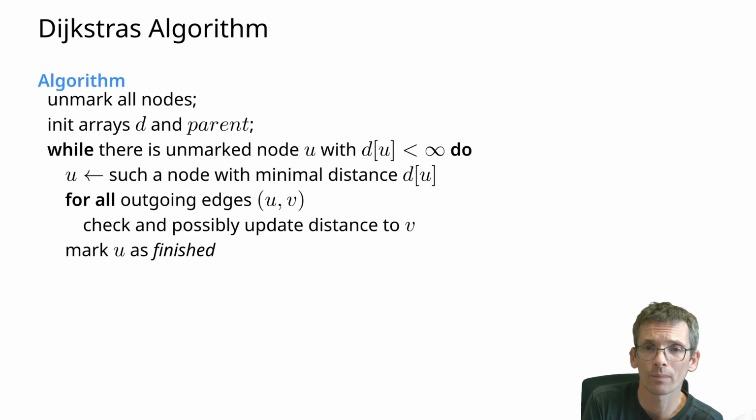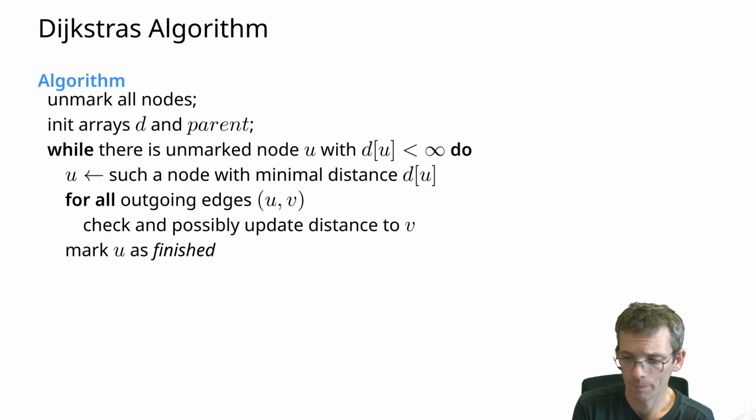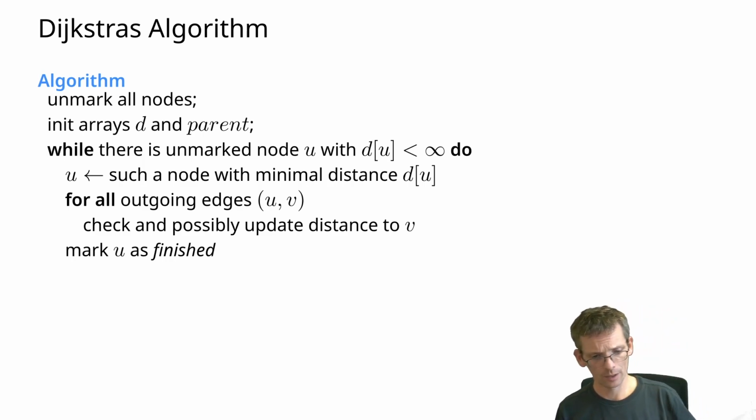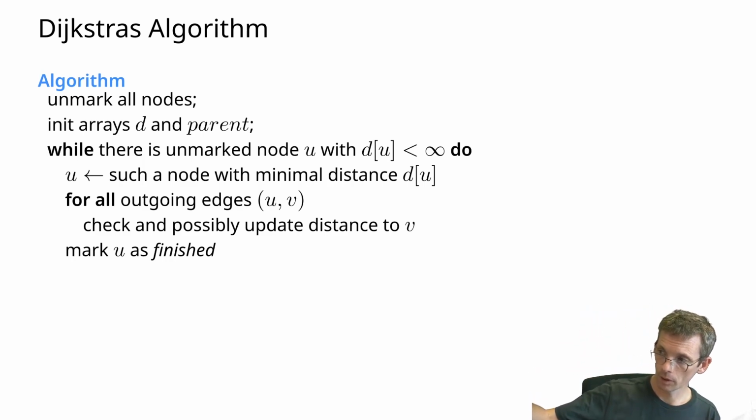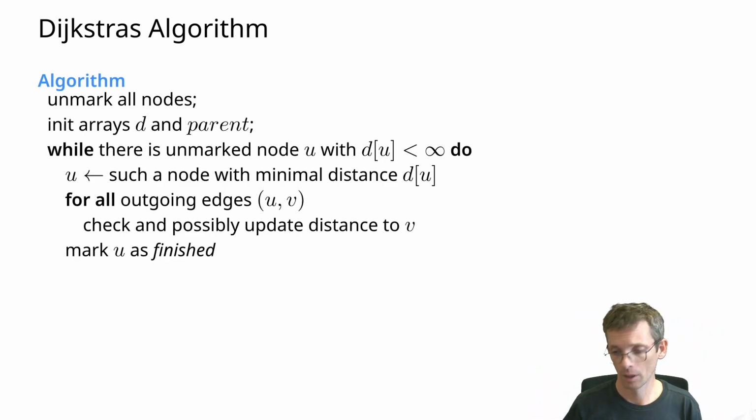So this is one version of the pseudocode for Dijkstra's algorithm. Let's go through it step by step. First, we unmark all nodes. We initialize the array D, where D is the distance to S, and parent is the previous node on the shortest path to S, or at least this is what they should be eventually.